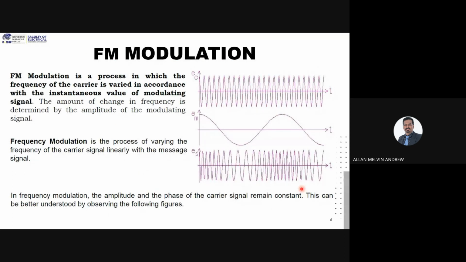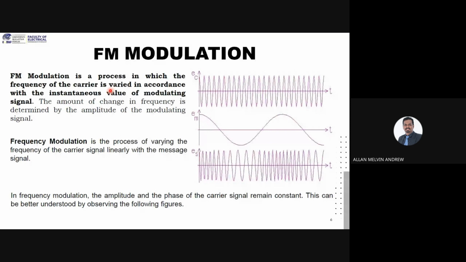Okay, frequency modulation. We have seen some of the info as an overview, so we continue by reading. FM modulation is a process in which the frequency of the carrier is varied in accordance with the instantaneous value of the modulating signal. Instantaneous value means the value at that time. Let's say this is your signal. The instantaneous value at this point can be maybe 0.5.